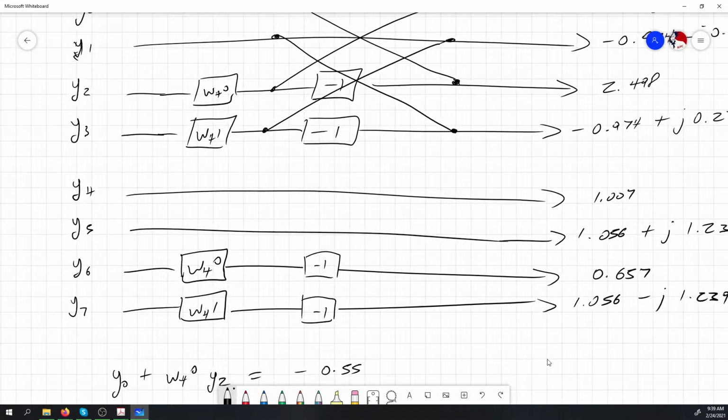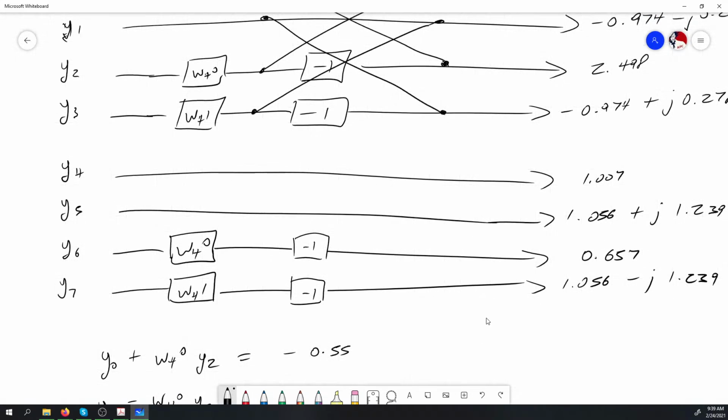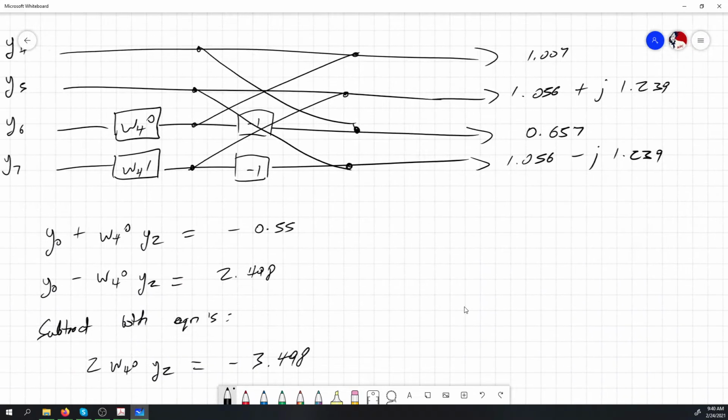So for the next 4 values, we just repeat the process for the twiddle factors. The first value here matches with the first value with the twiddle factor, so draw cross points here. And then similarly, the second value that doesn't have a twiddle factor will match with the second value that does have a twiddle factor. Just draw cross points here as well. And we can go about solving them the same way we went about solving for y0 to y3.